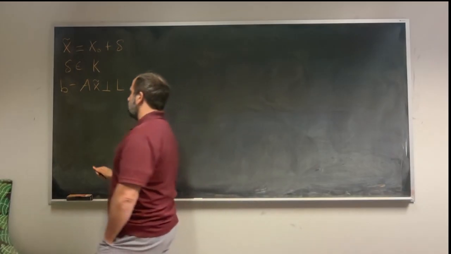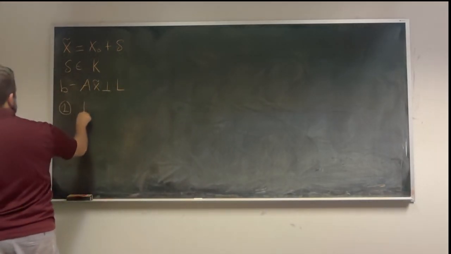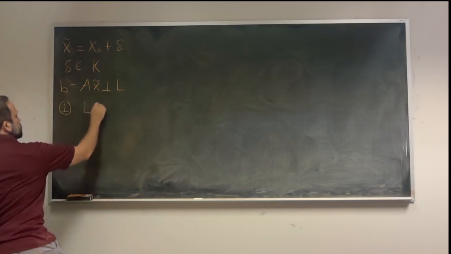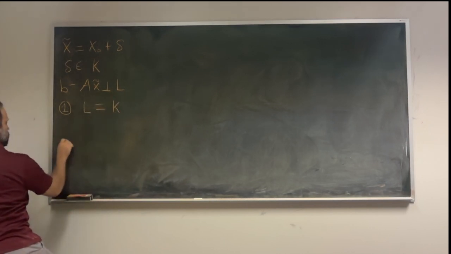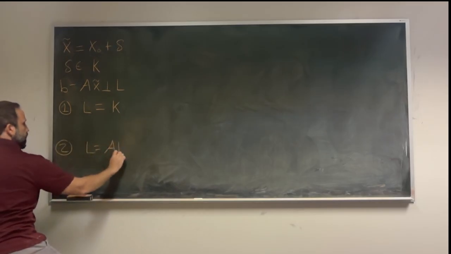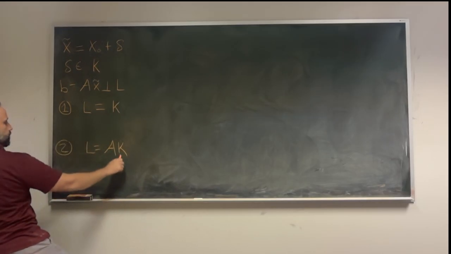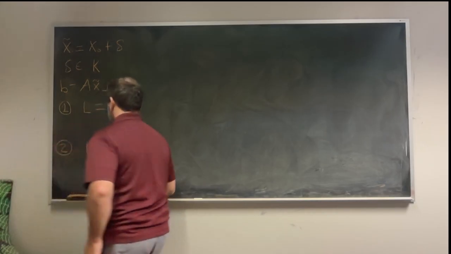Okay, and we've looked at 2 different situations so far. One, where L is just equal to K. And 2, where L is equal to A times K. In other words, for every vector in K, do A times that vector, and if you do that for all of the vectors in K, this gives you L.